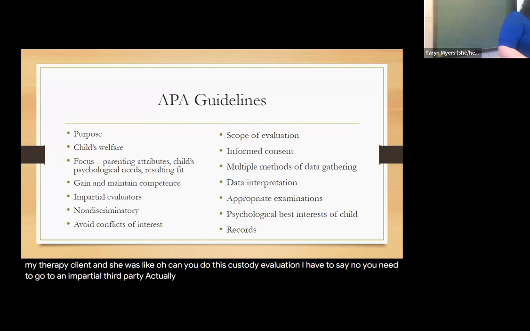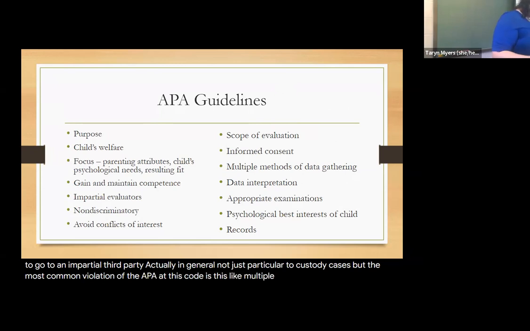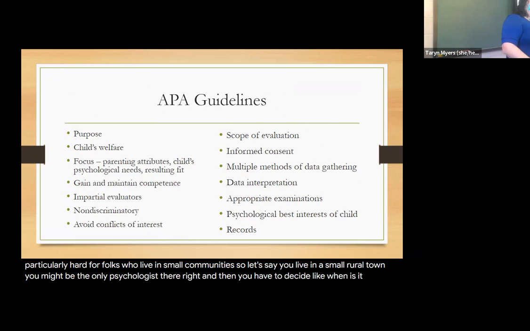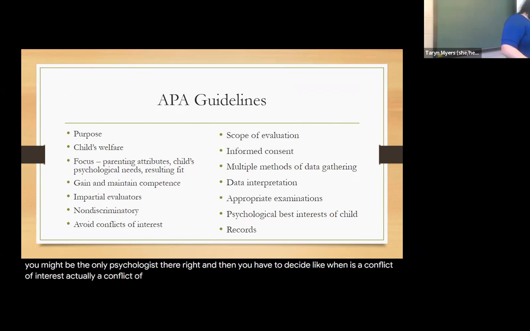This is actually in general, not just particular to custody cases, but the most common violation of the APA ethics code is these multiple relationships. And this is particularly hard for folks who live in small communities. So let's say you live in a small rural town, you might be the only psychologist there, right? And then you have to decide, like, when is a conflict of interest actually a conflict of interest?